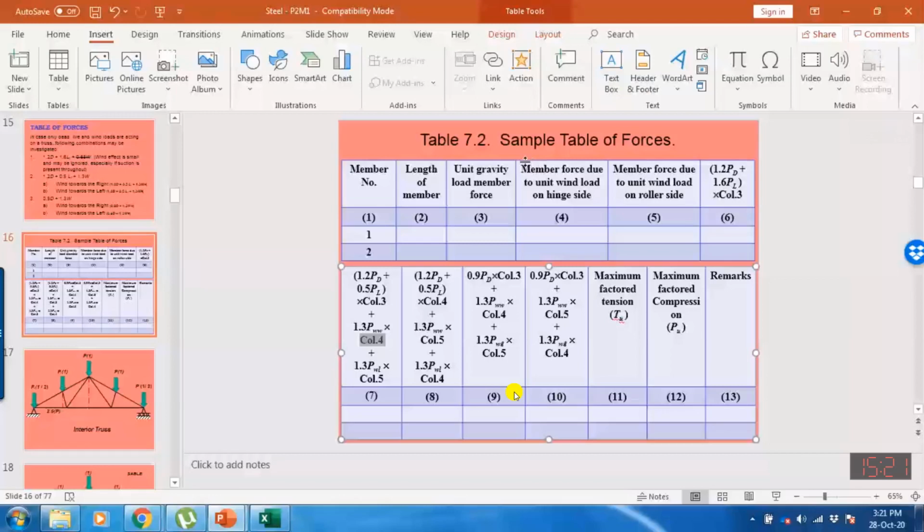So here the leeward factor is multiplied with column 5, and then if the wind is blowing from the roller side, then this will become the leeward side. That's why column number 4 is coming here, and here if the wind is coming from the roller side, column number 5 will become the windward side.